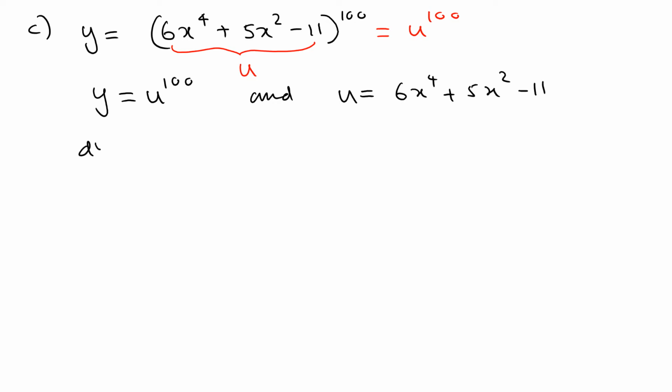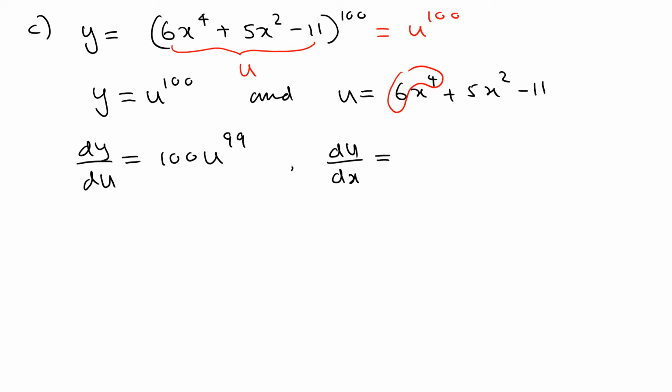Take the derivative of the first function with respect to u, which is very easy using the power rule, which is 10u to the 9th, we subtract 1. And take the derivative of the second function with respect to x, which is 24x to the 3rd power plus 10x plus 0.